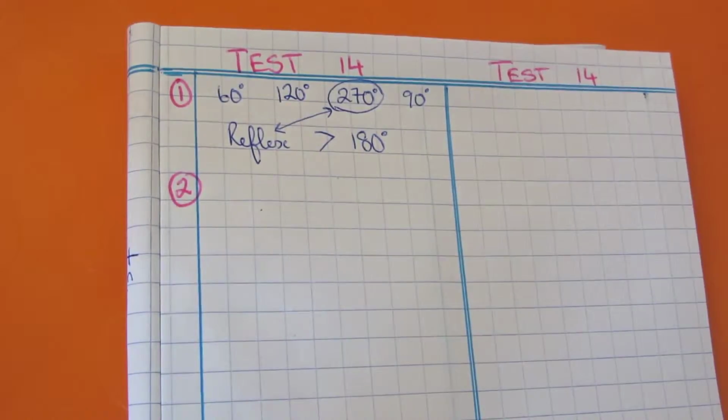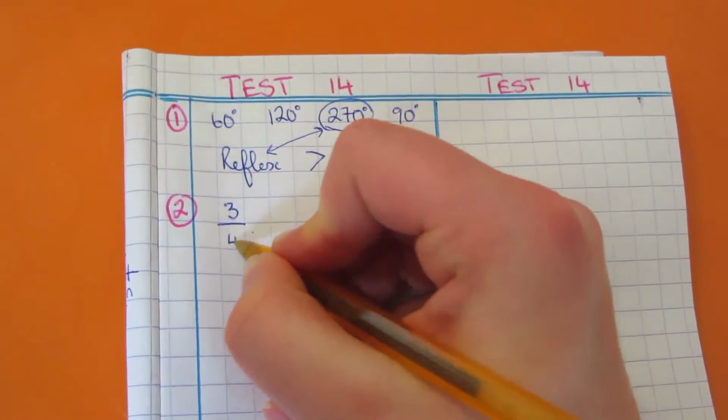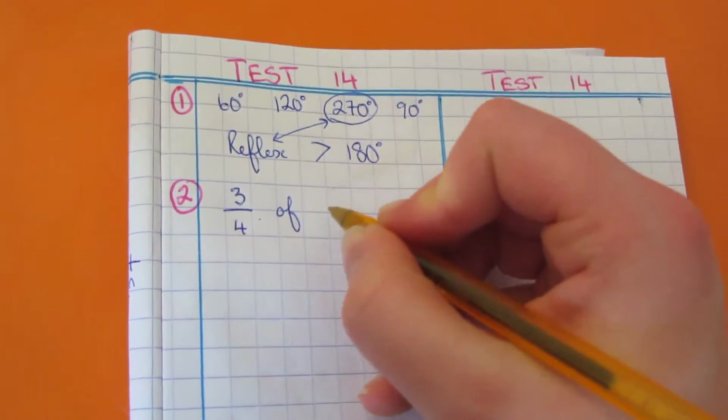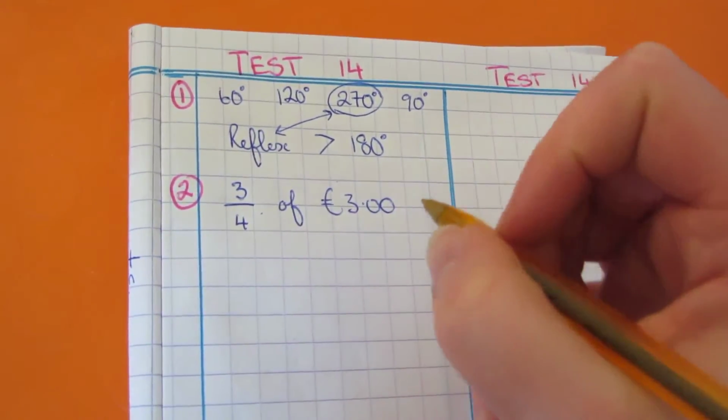Question 2. What is 3/4 of €3? 3/4 of €3. Okay.